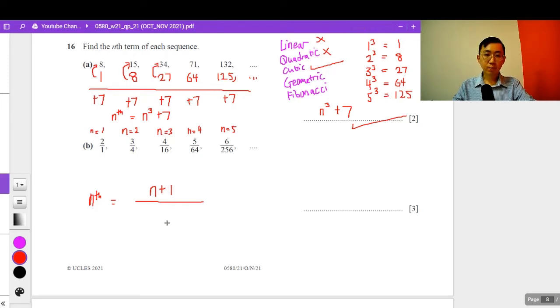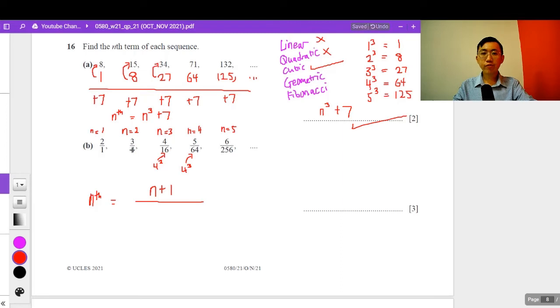Now, the bottom part needs some practice a little bit. So you just focus on 1, 4, 16, 64, 256. Alright, I realized that 4 and 16 are very, very familiar. 16 is actually 4 squared. And just now teacher got right over here, 4 cube is actually 64. So I realized, oh, this number is actually 4 cube.